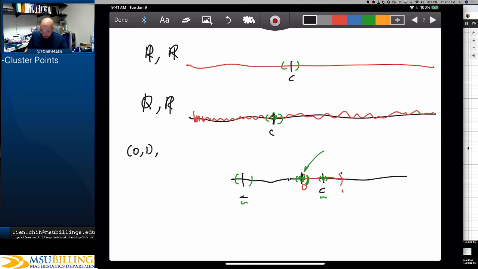The same thing happens if I pick 1 to be my c. My little intervals will always pick up stuff to its left. And so putting these together, we can see that the cluster points of the open interval (0, 1) will be the closed interval [0, 1]. Everything inside is a cluster point, because I can shrink my epsilon small enough to grab them. And the endpoints are also cluster points, because they can pick things up on the inside.